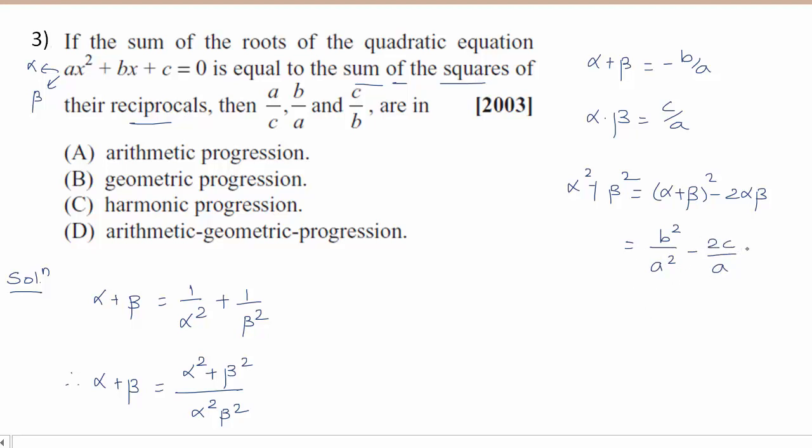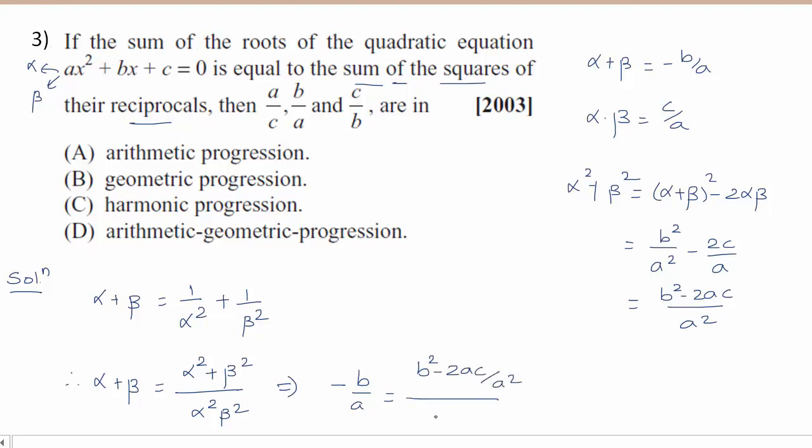So when we substitute these values, this will become b square minus 2ac upon a square. So now this condition will become alpha plus beta, that is minus b by a, is equal to alpha square plus beta square, that is b square minus 2ac upon a square.